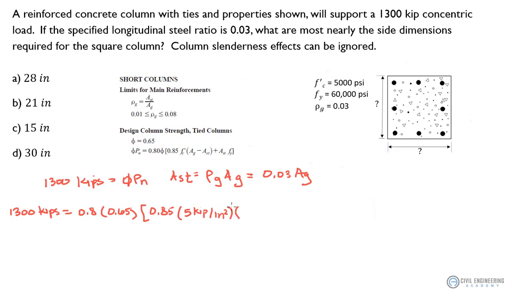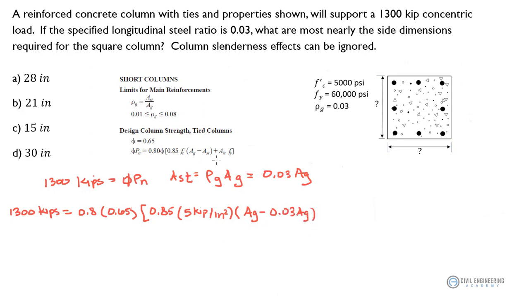And all of that is going to be times AG, and then we define A sub ST as 0.03 AG.